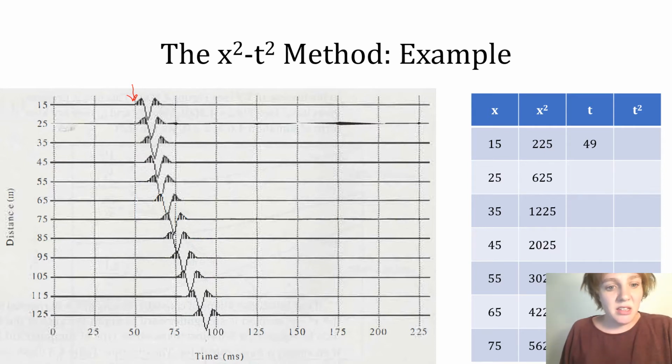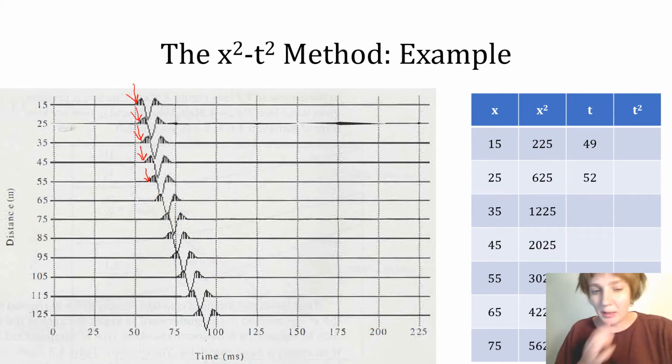Okay, and then the next one is a little bit later, but not much. So maybe that's at 51 or 52. So here, there, and then you're just going to keep on going down the list to the best of your ability, determining the onset of those arrivals.